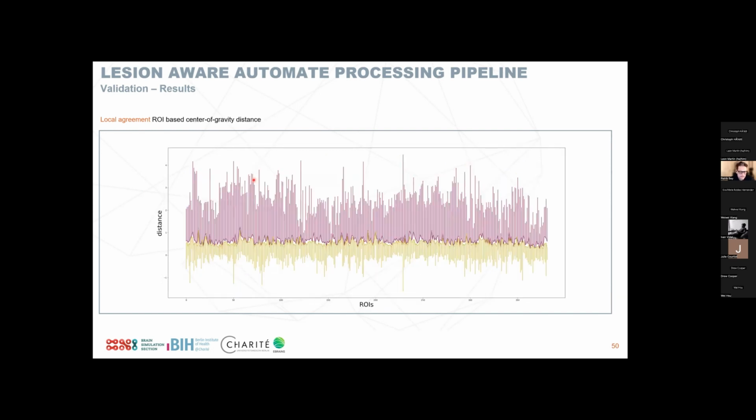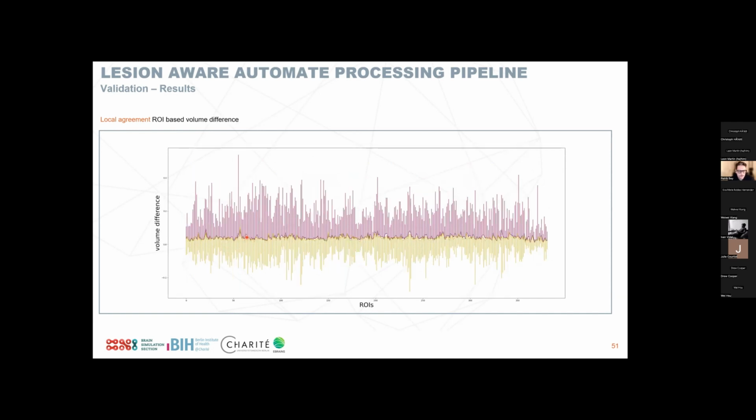We see the same results for the distance from the center of gravity. The distances are significantly larger if we do not account for the lesion. So if we just use the standard HCP processing as opposed to LEAP, and again, the variance is also clearly larger. The same goes for the volume difference.